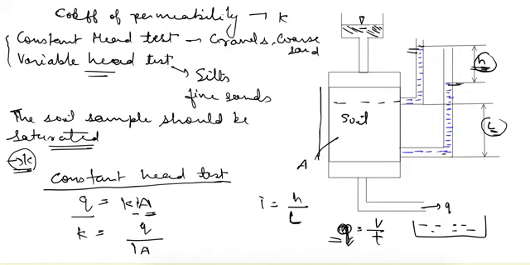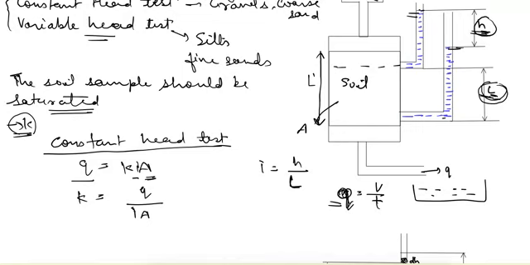It is not necessarily the total length of the sample. In this case the length of soil sample is this much, let's say L dash, but the length of flow between the two piezometers is small l. We have to take care of this point, because we should take the length of flow between the two piezometers, not the length of the soil sample.